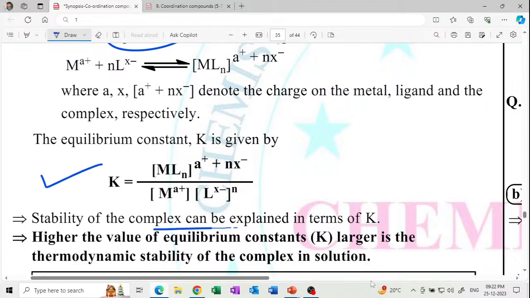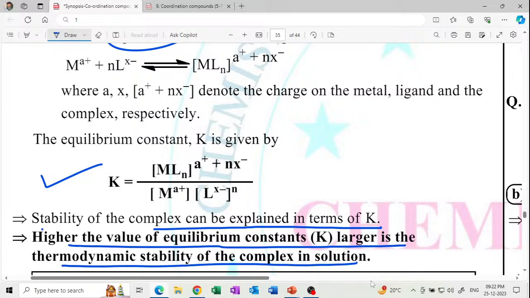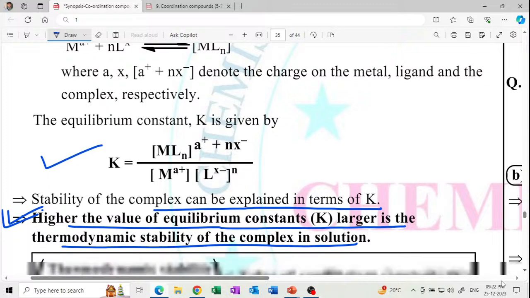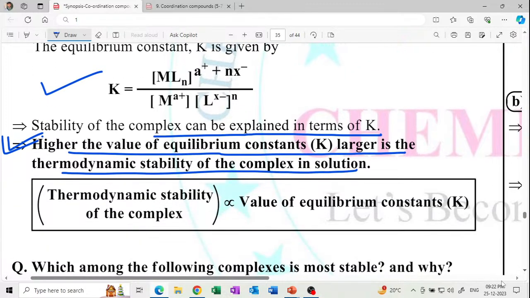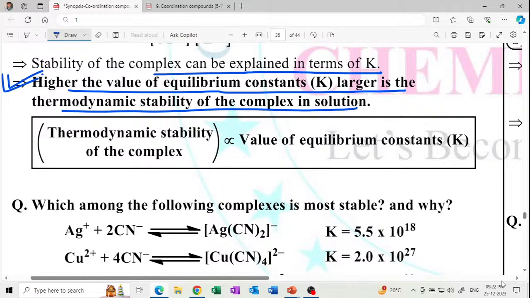The stability of the complex can be explained in terms of K. The higher the value of the equilibrium constant, the larger is the thermodynamic stability of the complex ion. So the thermodynamic stability of a complex is directly proportional to the value of the equilibrium constant.